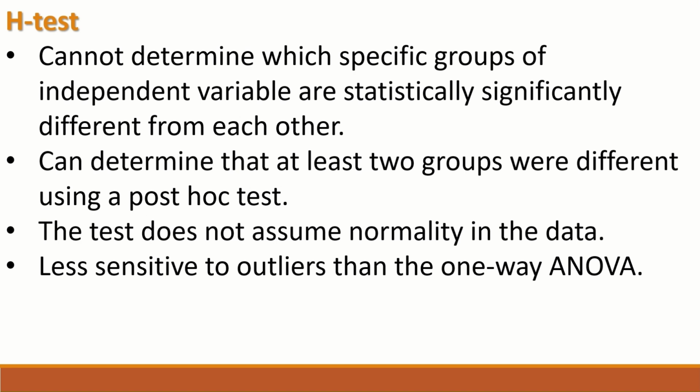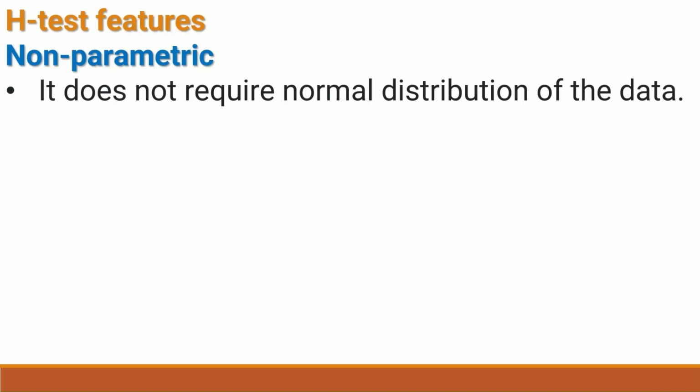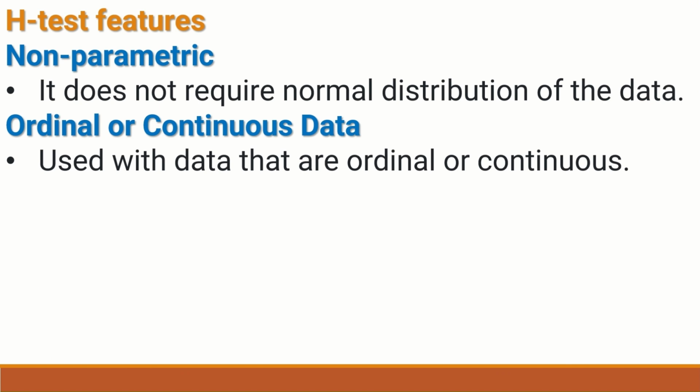Outliers are extremely low or high values that deviate from the other scores in the data set. The H test is used as a non-parametric test. It doesn't require a normal distribution of the data. The data can be ordinal or continuous.